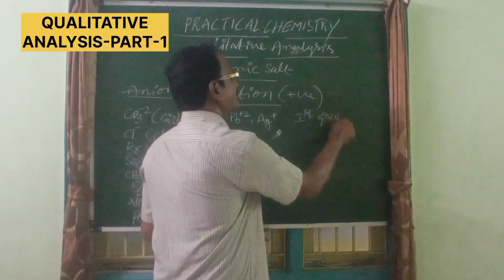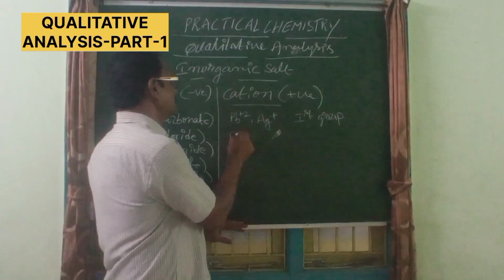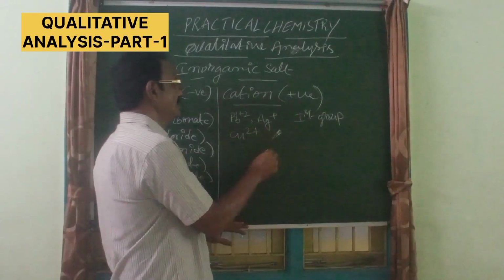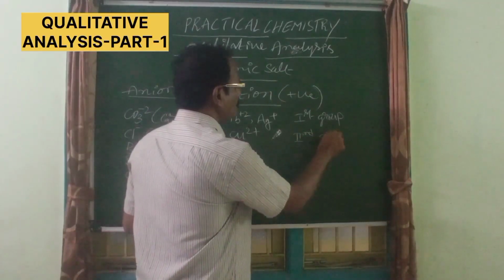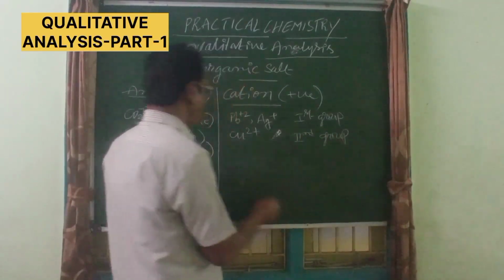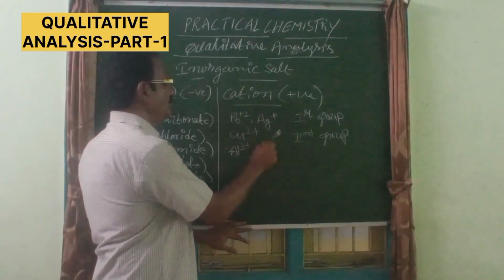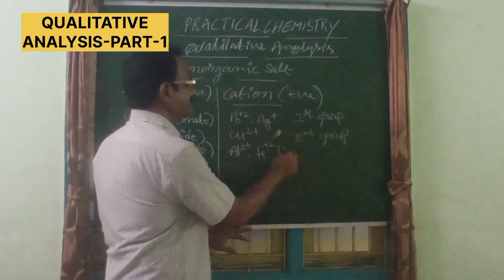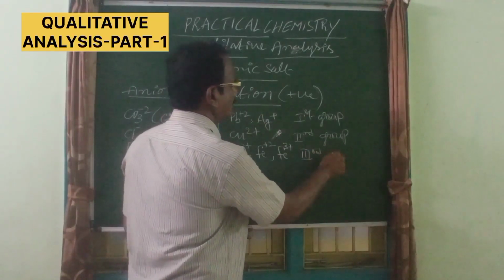First group cations. Let us see Cu2 plus, second group cation. Al3 plus, Fe plus 2, Fe plus 3, third group cations.